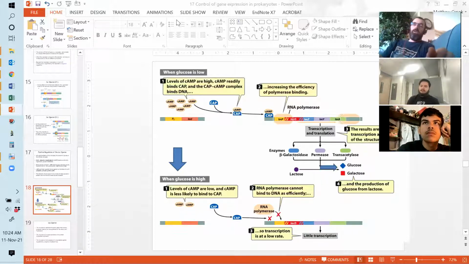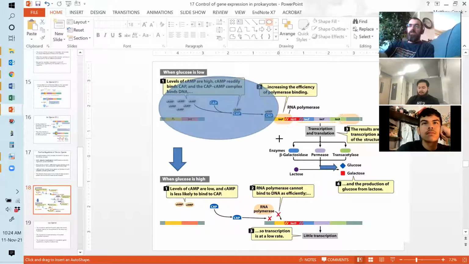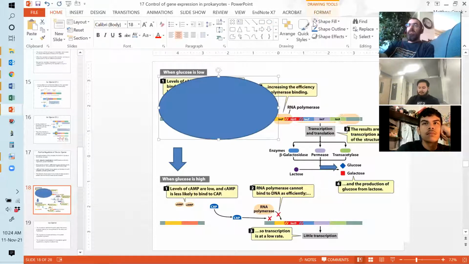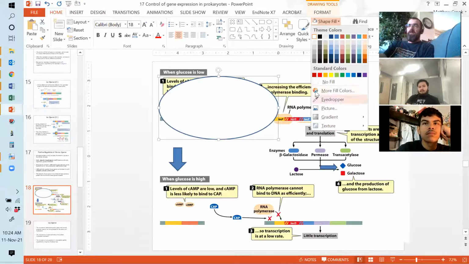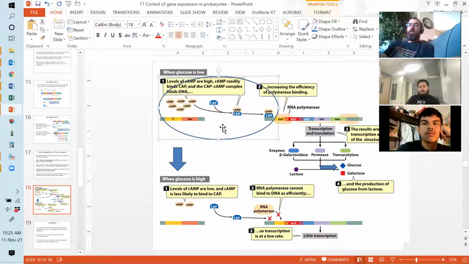So, essentially, all of this part here is the mechanism by which glucose is detected.